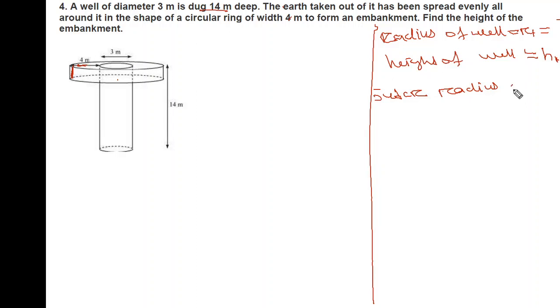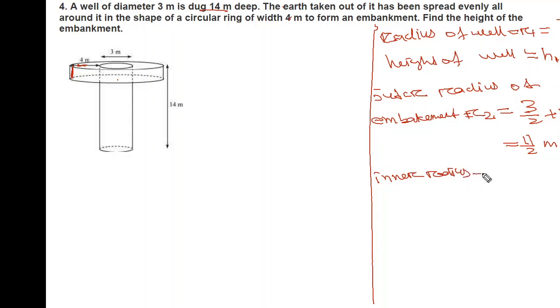So the outer radius of the embankment, you can say R2, equals, you have this length is 4, so therefore it will be 3 by 2 plus 4, which will be equal to 11 by 2 meter. Similarly, you can write the inner radius of the embankment will be R1 itself. Inner radius is the same, which is equal to 3 by 2 meter.